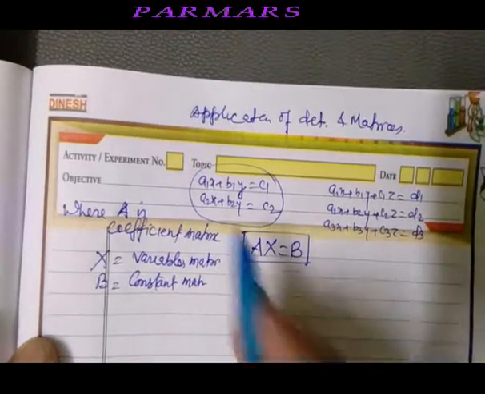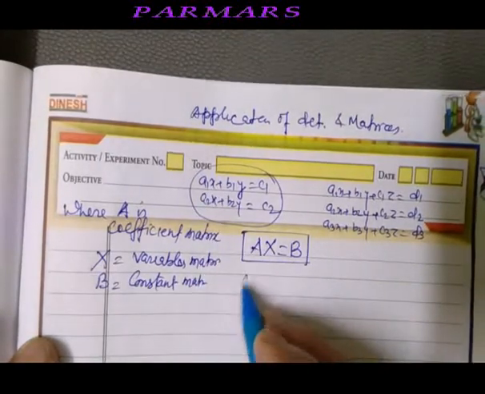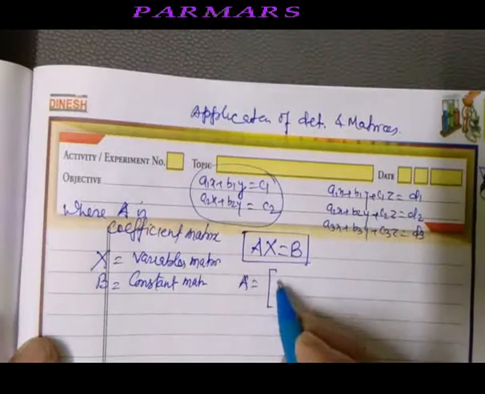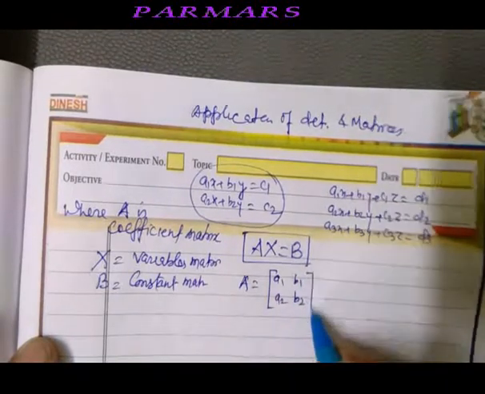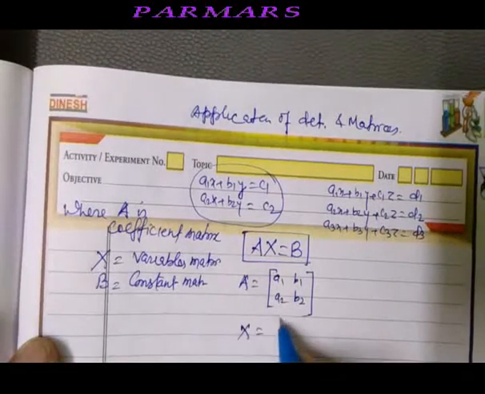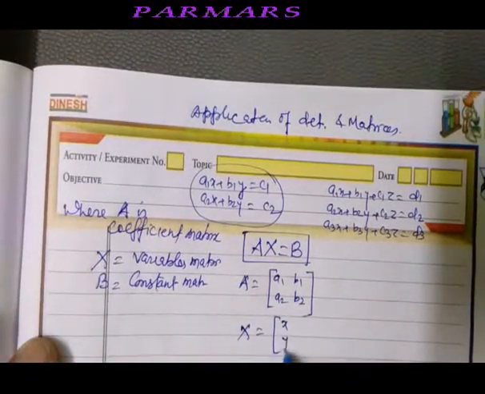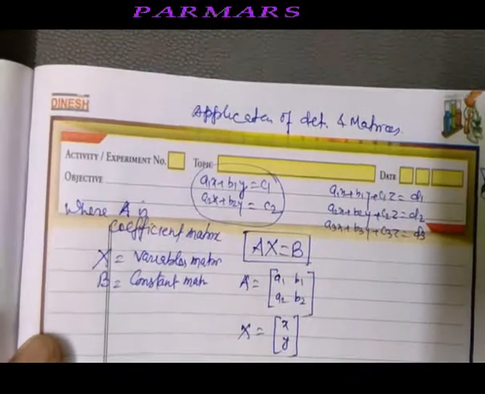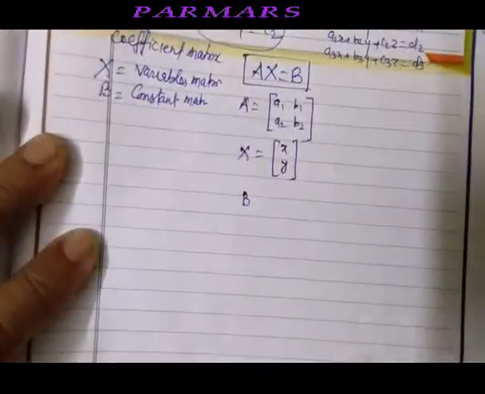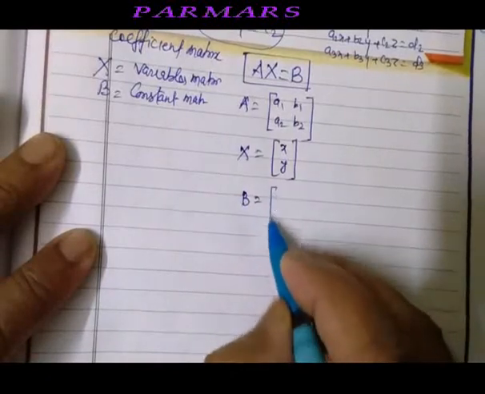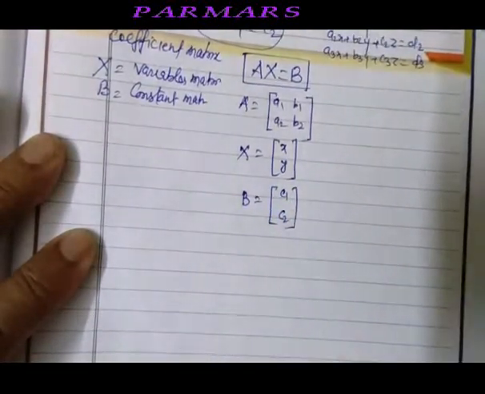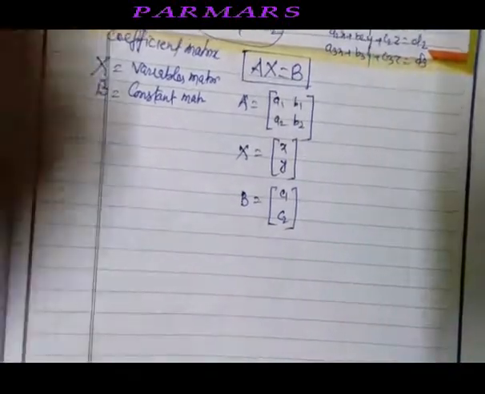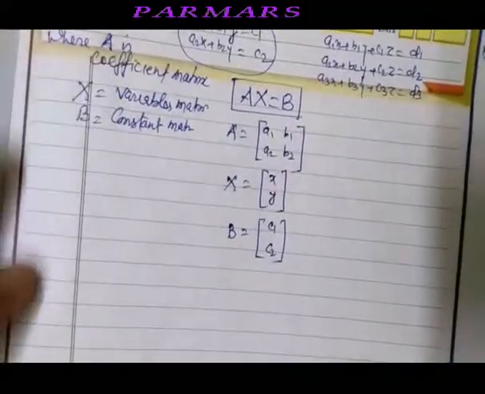In the first case, A is a1 b1, a2 b2. X is the column matrix of x and y, and B is the constant matrix c1, c2. What about in this case where there are three variables?